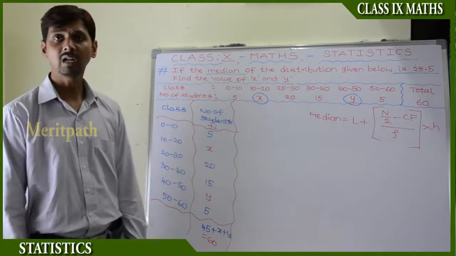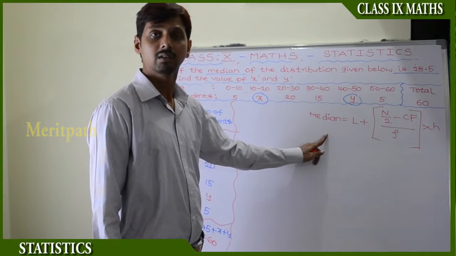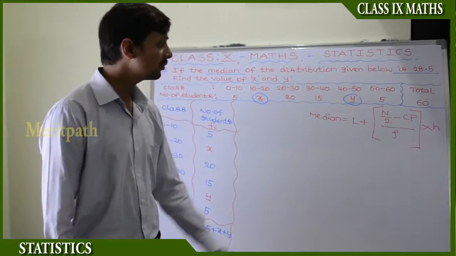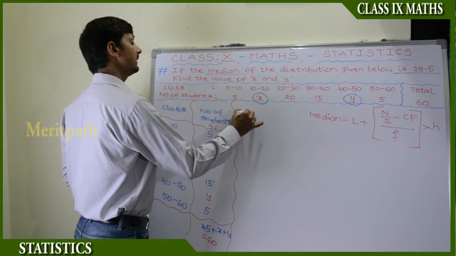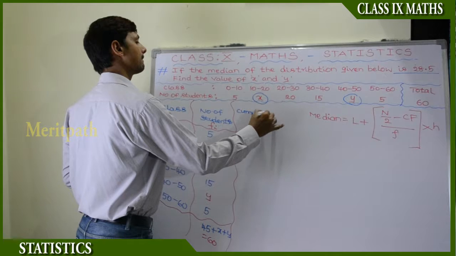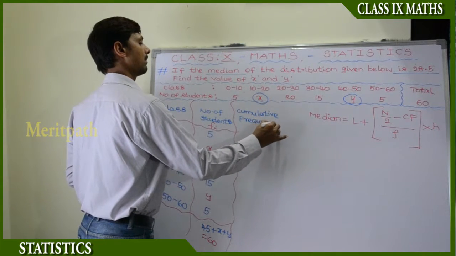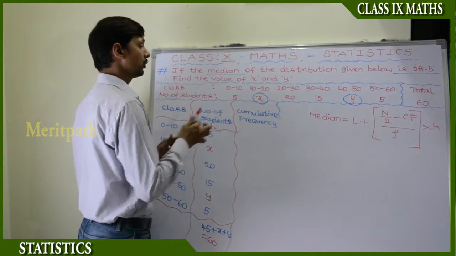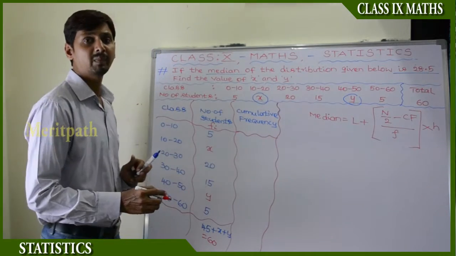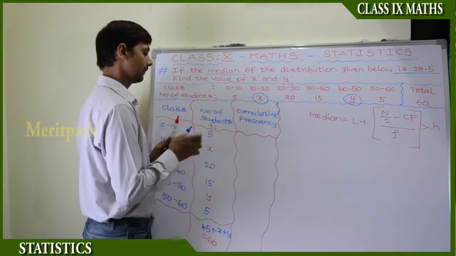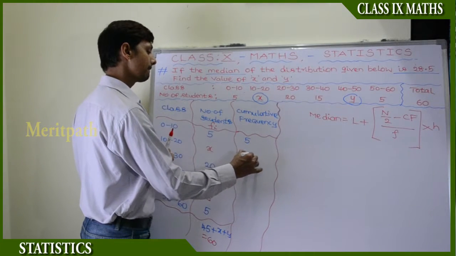So let's use the median formula to find the missing frequencies, for which we need to find the cumulative frequency. The cumulative frequencies: take the first frequency as 5, and the next is 5 plus x.